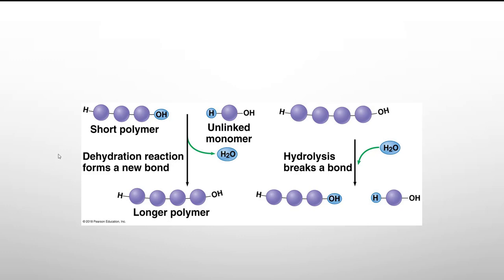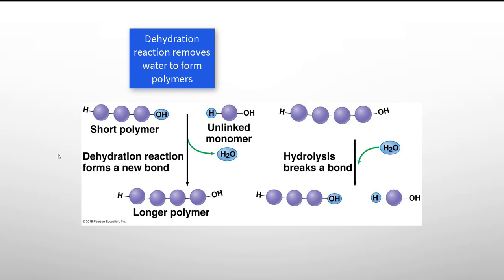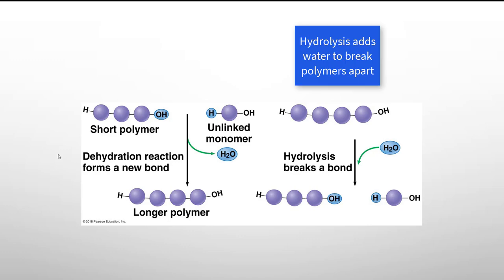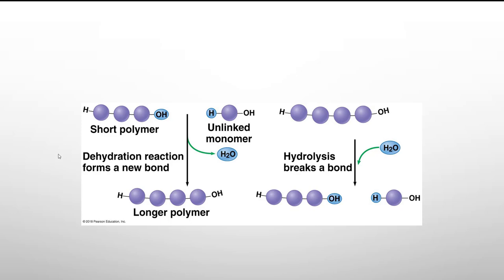The dehydration reaction is just the opposite of the hydrolysis. So in dehydration, we're removing water to make a longer polymer, whereas in hydrolysis, we're adding water to break the bond, creating smaller polymers, or in this case, a short polymer and an unlinked monomer.